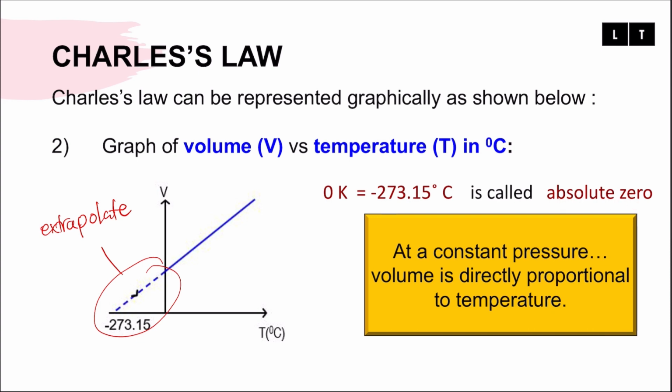So ini adalah extra yang awak perlu tahu tentang another graph for Charles' law, di mana masih lagi at constant pressure dan volume is directly proportional to the temperature. Kalau volume tu tinggi, maknanya temperature juga tinggi. So we settle for Charles' law.